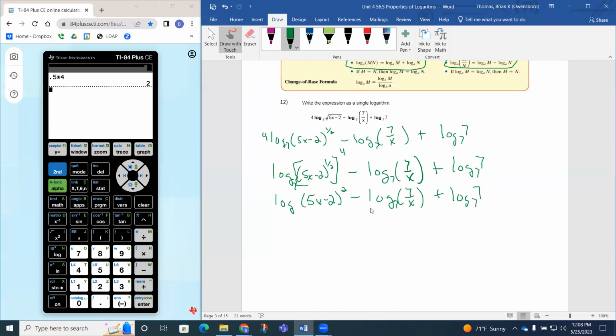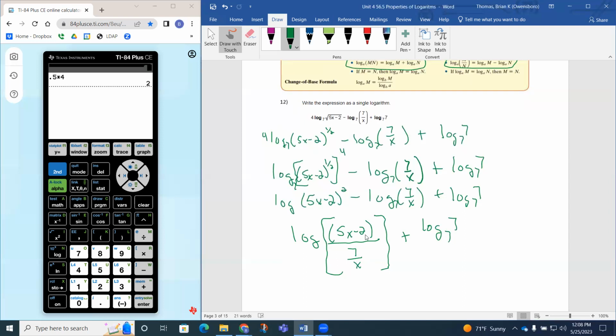Since this is a quotient, this is going to be the numerator, this is going to be the denominator. So this is going to be the log of 5x minus 2 over 7 over x. That's going to be a bracket because that's just too much there. Plus the log of 7 base 7.